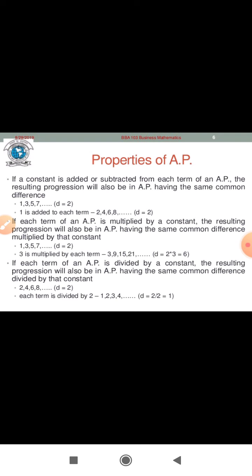If each term of an AP is divided by a constant, the resulting series will also be in arithmetic progression. Suppose we have the series 2, 4, 6, 8, where the common difference is 2. If this series is divided by 2, we get 1, 2, 3, 4. Again the common difference is the same, so this will be an arithmetic progression.